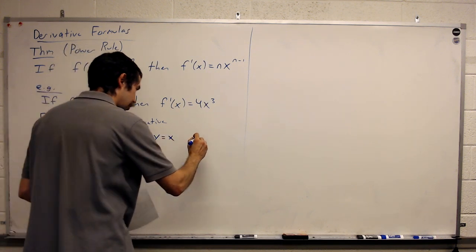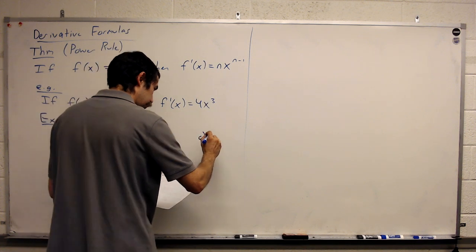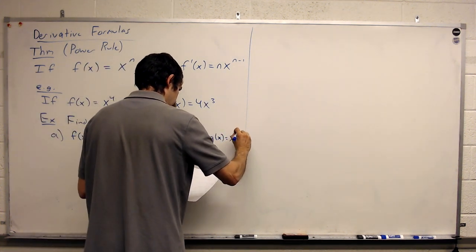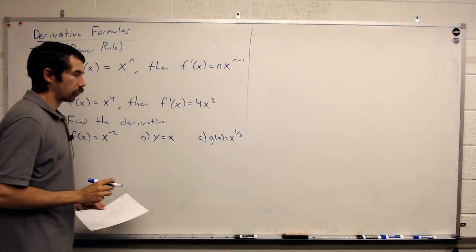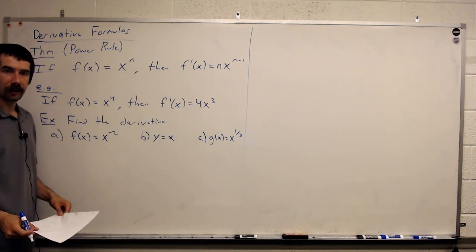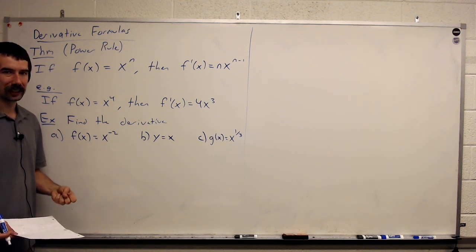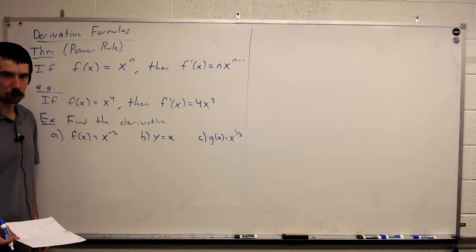B: y equals x. C: g of x equals x to the 1/3. So pause the video. Let me know in the comments if you're able to solve these. If you could solve these, you're in good shape.